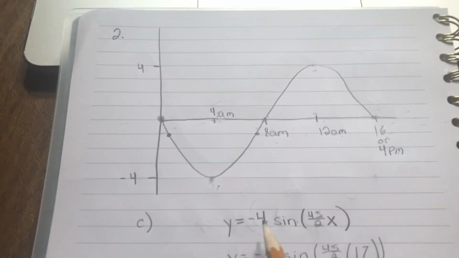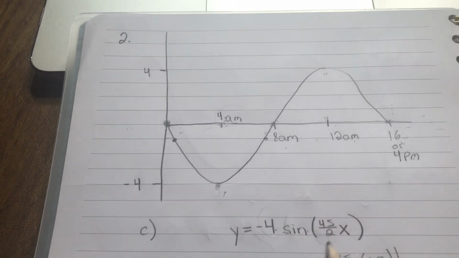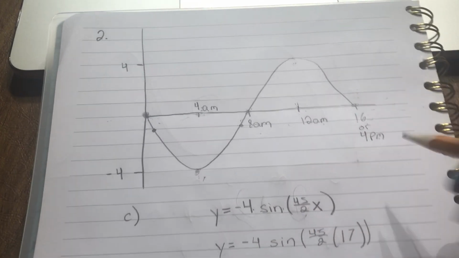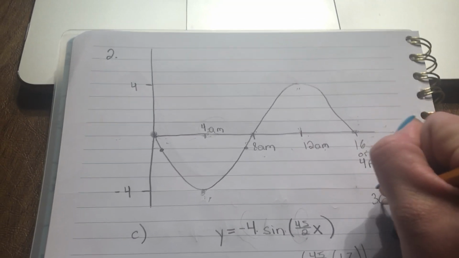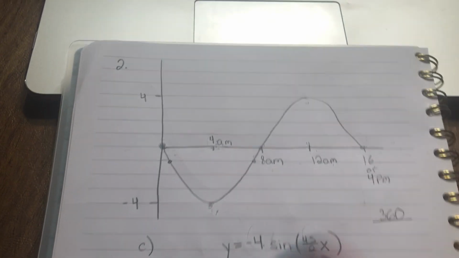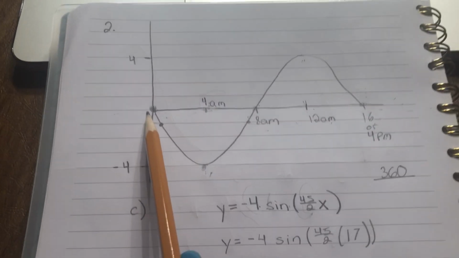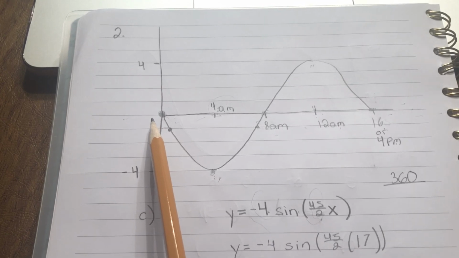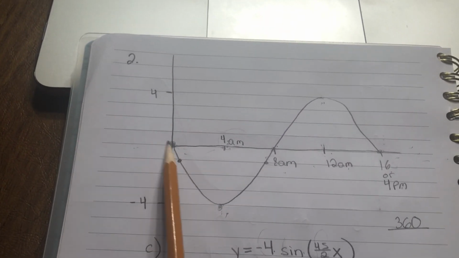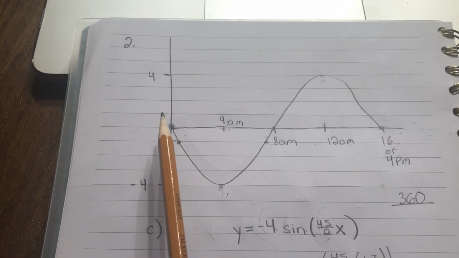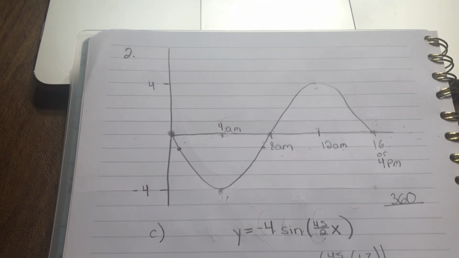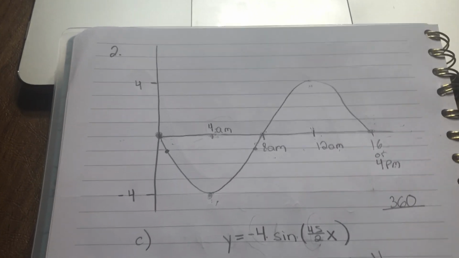Okay, and then to find our period, we take 360 for one full rotation.